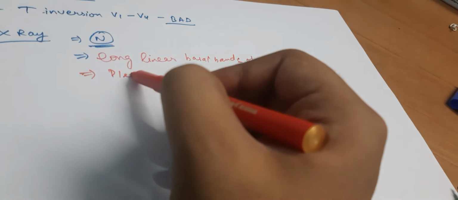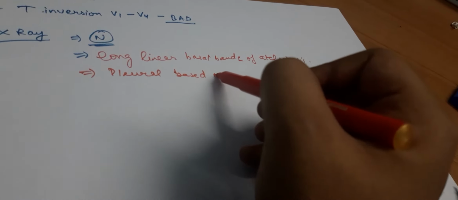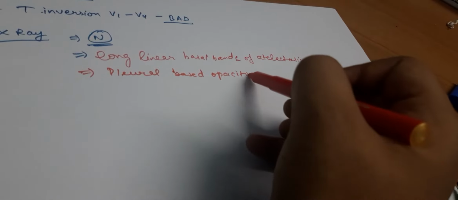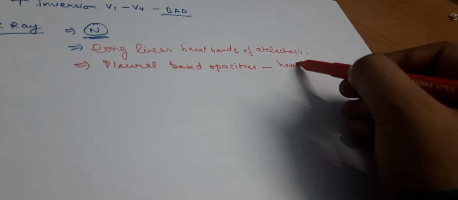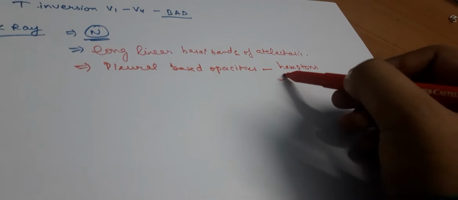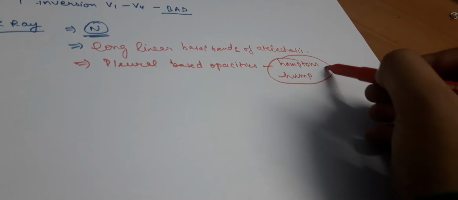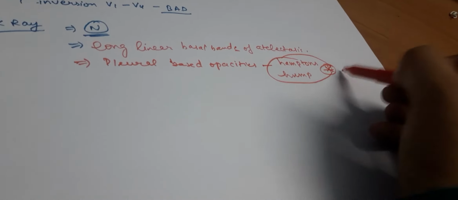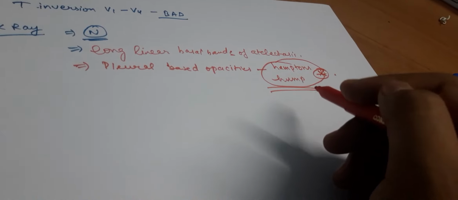There are pleural based opacities, and these are called Hampton's hump. This is very important to remember for exams. Hampton's hump. These are the pleural based opacities.